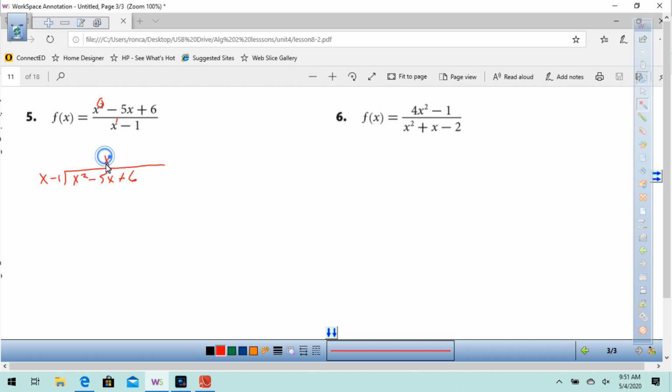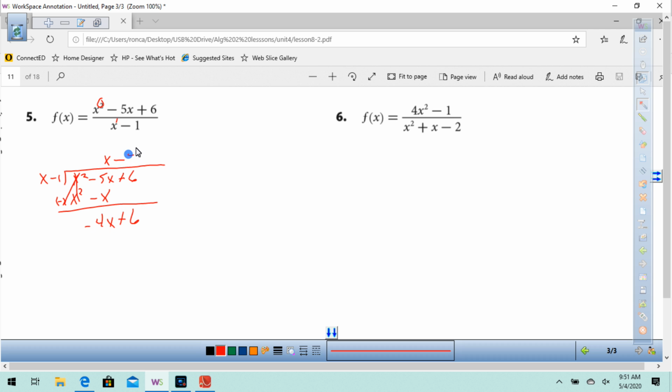So I'm going to multiply x. X times x is x squared. X times -1 is negative x. And let's subtract this. These cancel out. -5 minus -1, that's -5 plus 1. So we got negative 4x plus 6.